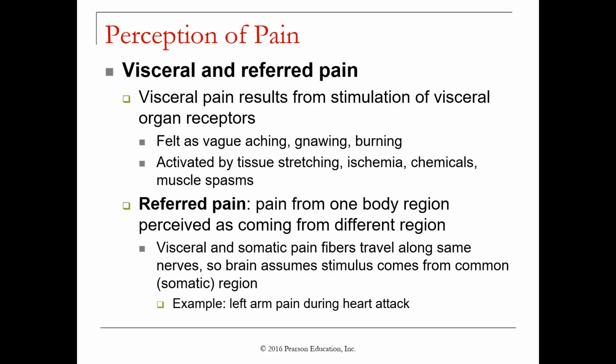And we get fooled all the time. So referred pain, while pain is a good thing for us to tell us something's going on, it's not always a good indicator of where the problem is. Now, sometimes it's obvious. A person's leg is broken in 3 places and their bone's sticking through, and they say, my leg hurts. Well, that's probably not referred pain.